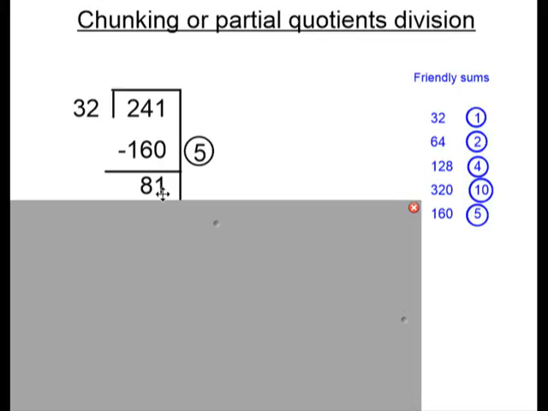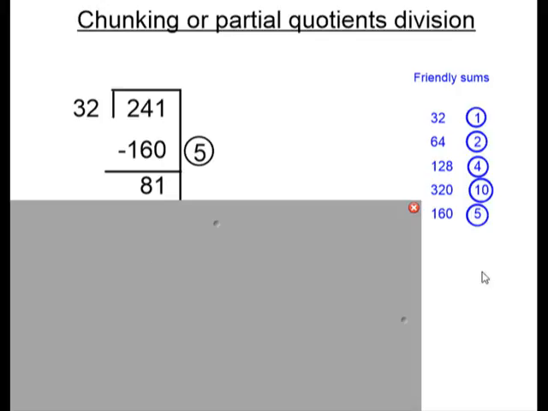Remember to start from the units column in case you need to regroup or carry. So I'm left with 81. What I've done is taken a chunk off of my dividend to make it more manageable. I have removed 5 chunks of 32, that is 160, and I still have 81 bits that still need grouping into 32s. So I'm not finished yet because I still have that 81 to divide.